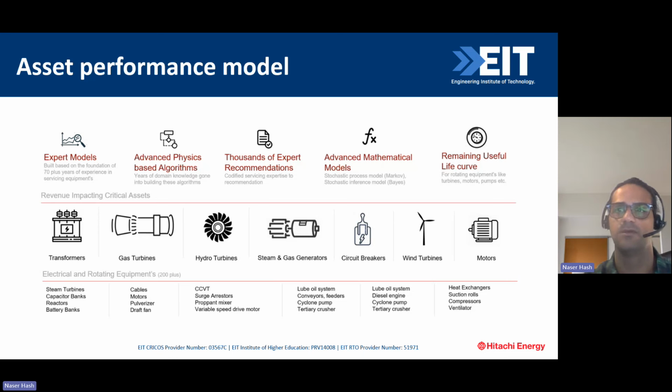We're thinking that sometimes we need to combine the expert model, data analysis and mathematics all together to forecast the probability of failure, improve the performance of the equipment, and calculate the remaining useful life of the equipment.